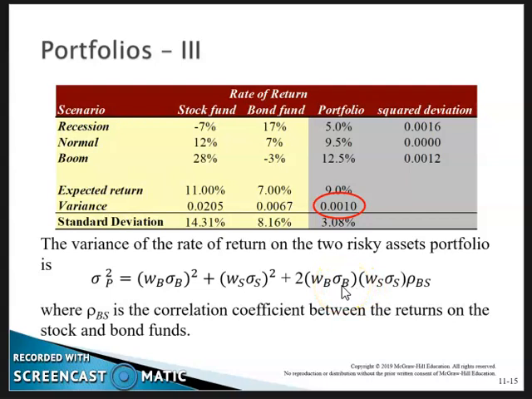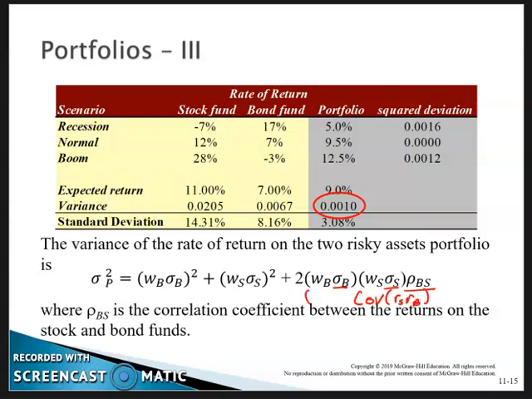I'm going to show you a simplification of this. Let me get a pen here. This is your correlation coefficient. If you note, we have the standard deviation for stocks and bonds multiplied by the correlation, and this is equal to the covariance of returns.